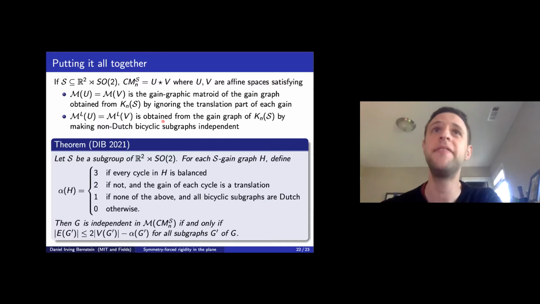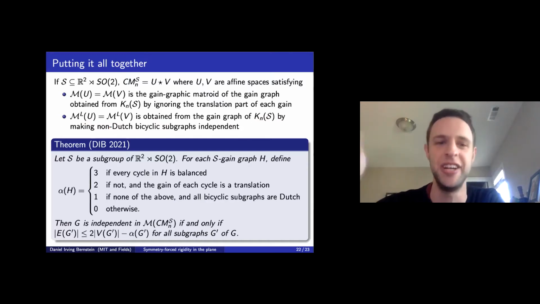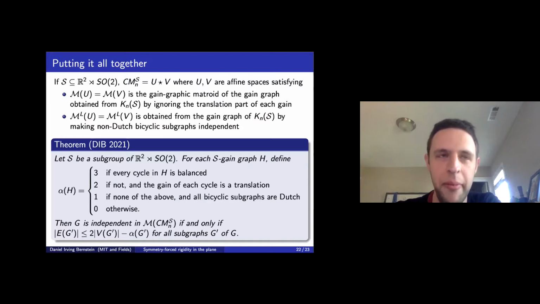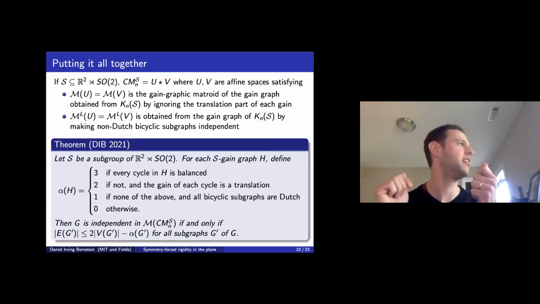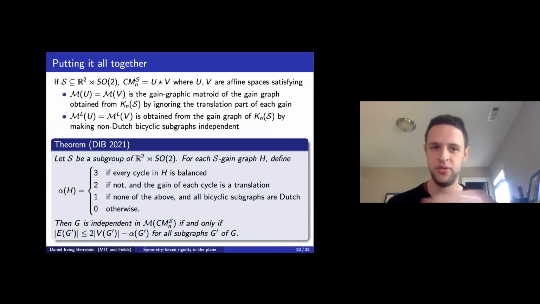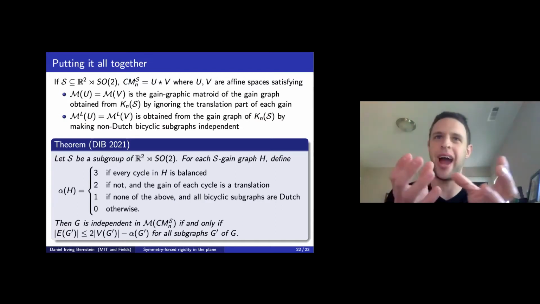And then the corresponding lifts are obtained from the gain graph of this by declaring that non-Dutch bicyclic subgraphs are independent. Depending on how familiar you are with the language of elementary lifts, I take this gain graph, I ignore translations, and the linear class of circuits whose rank is going to stay the same are the balanced subgraphs.